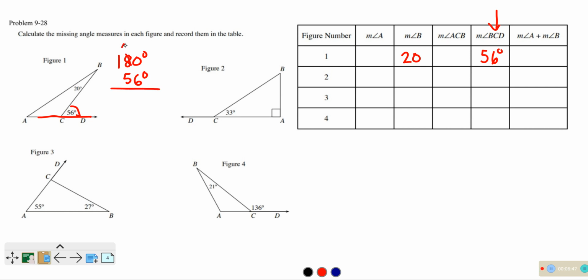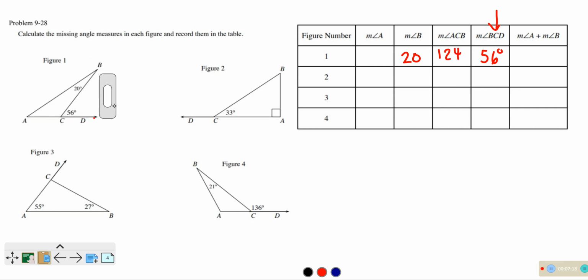When I subtract, I get 124. Now, where do I write this information? Do I write it inside the triangle? Sure, you could write it inside the triangle or outside with an arrow. That's acceptable, but I want you to notice angle ACB gets recorded right here. 124, okay?